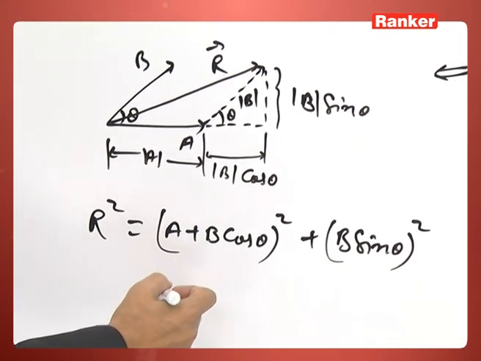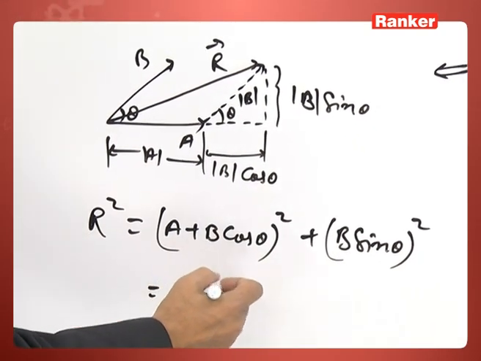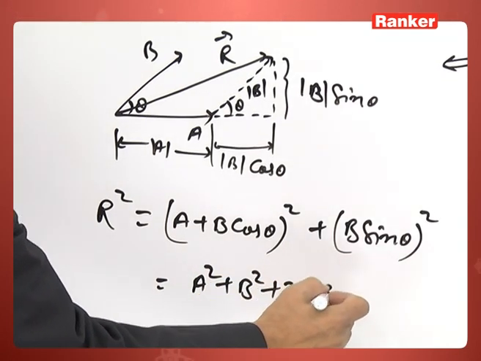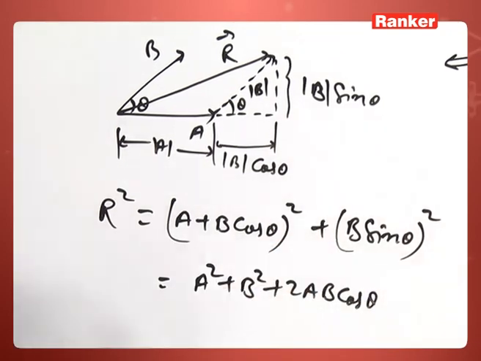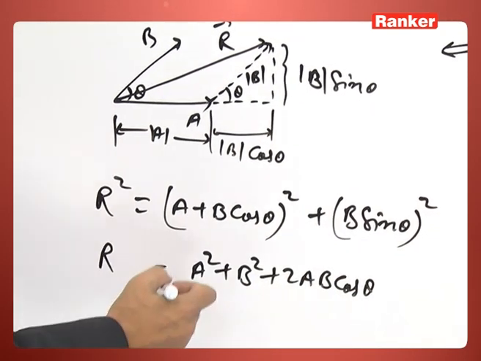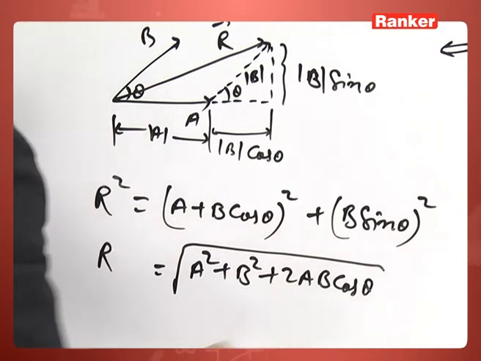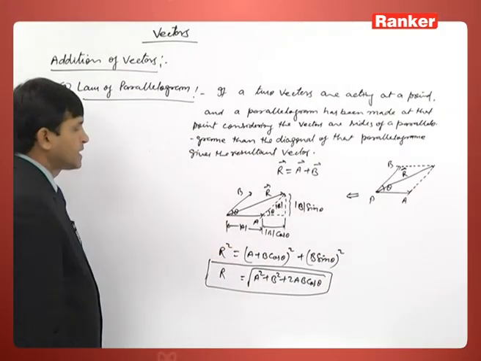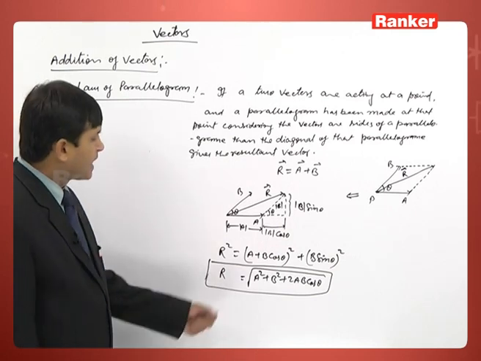When we simplify, we get A square plus B square plus 2AB cos theta. So this is the value of R. In this manner, we can get the resultant vector R.